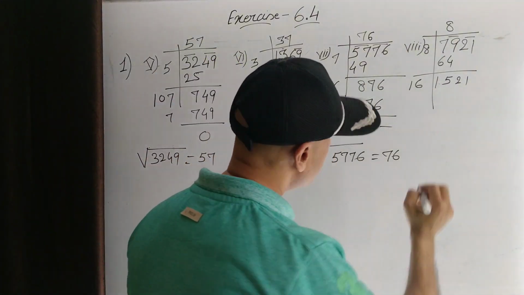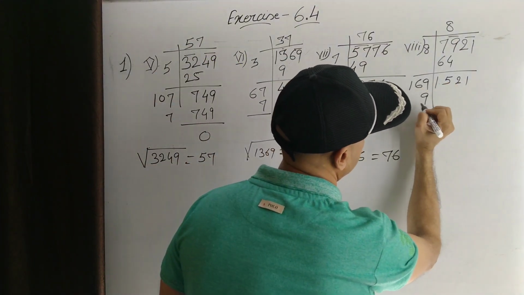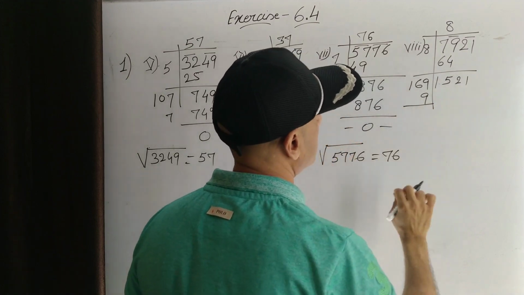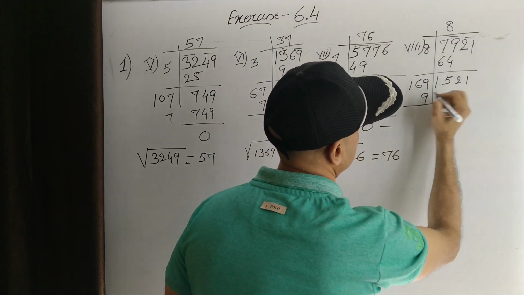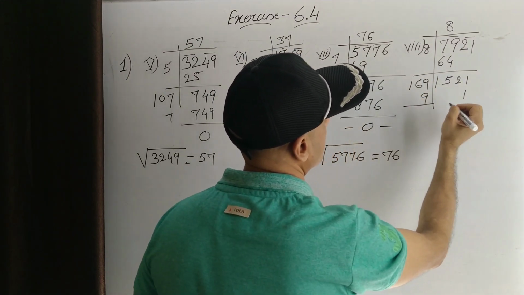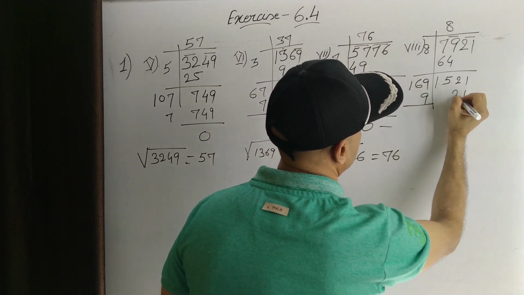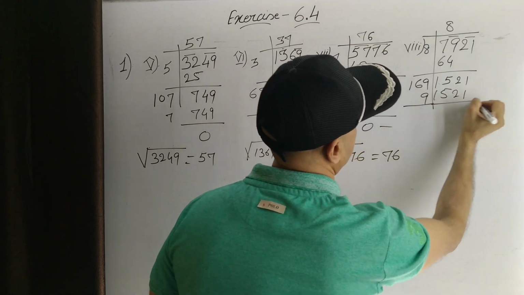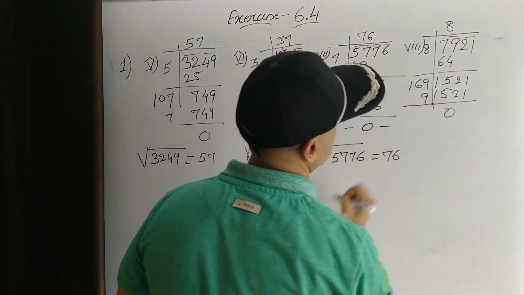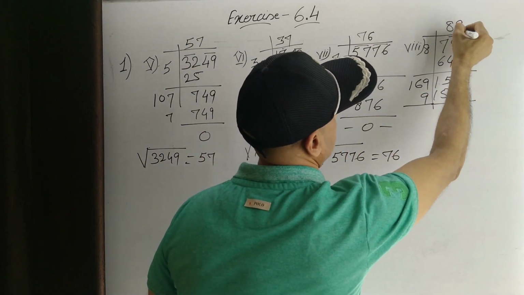So if I got 9 here, multiply 9 here because we want in the unit position 1. So this is 81 and 81, 1 here. So remainder is 0 and here the right hand component will be 9.